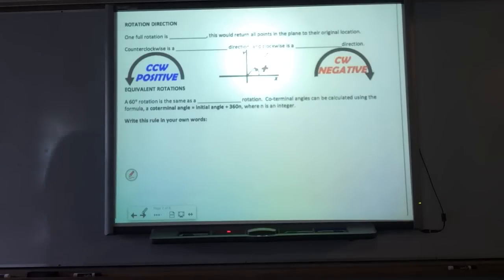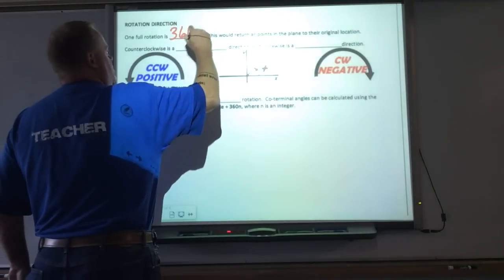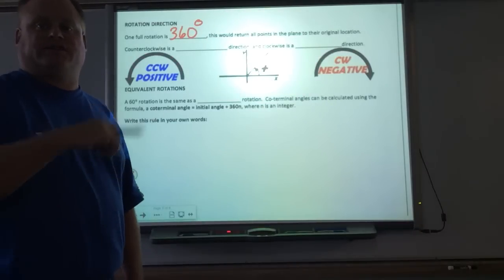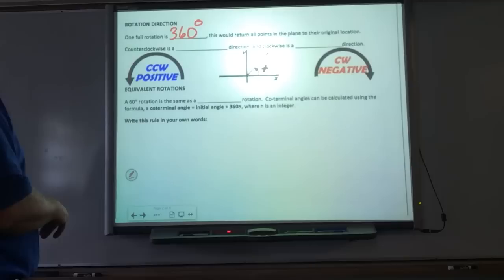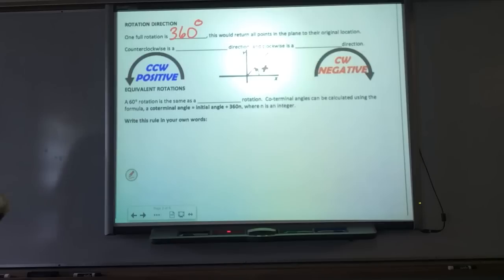All right, rotation direction. One full rotation is 360 degrees. That makes sense because this circle has 360 degrees, and a straight line is 180. One full rotation would return all points in a plane to the original location.